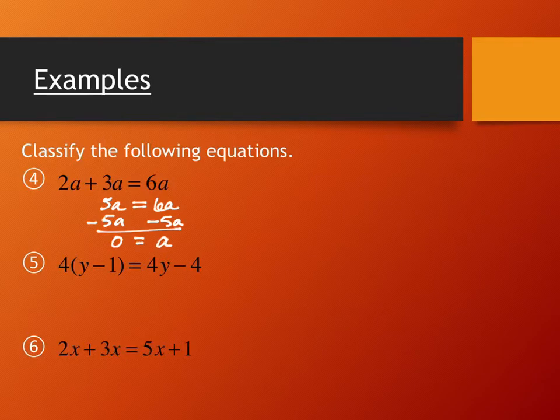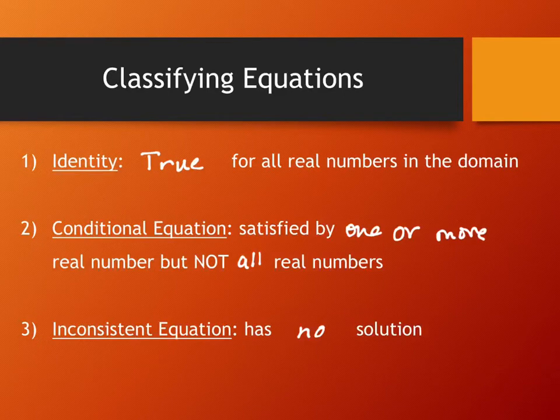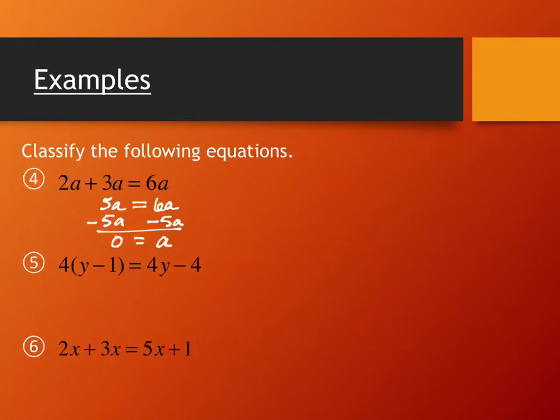And I found out that there's exactly one solution, and it's a equals 0. So, what kind of an equation is this? It's conditional. It's the kind we see come up most often. And that's your work to support how you know it's conditional.